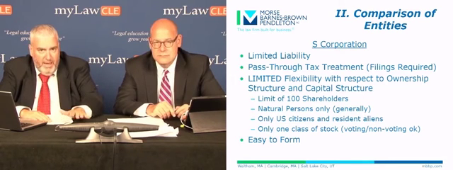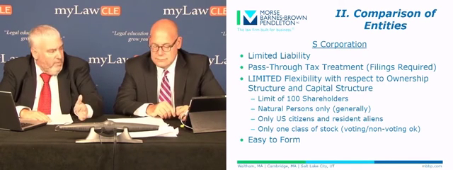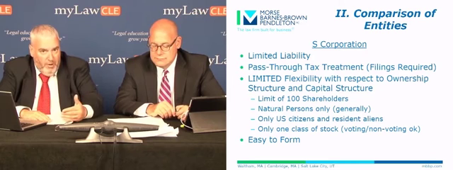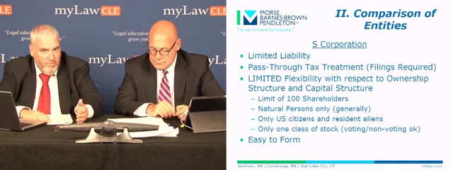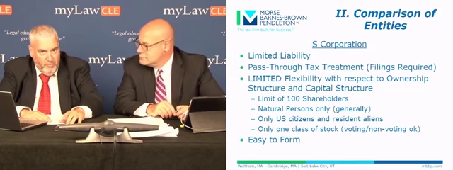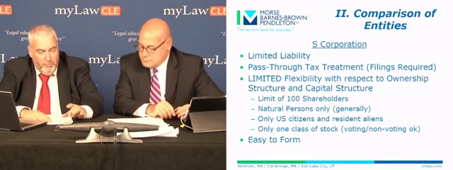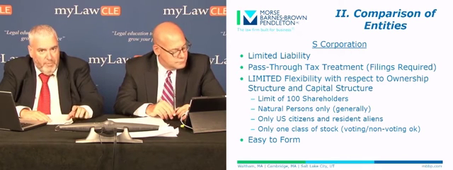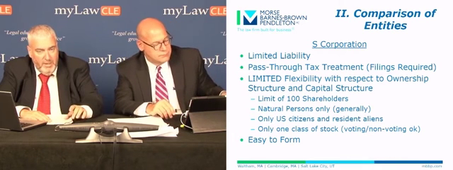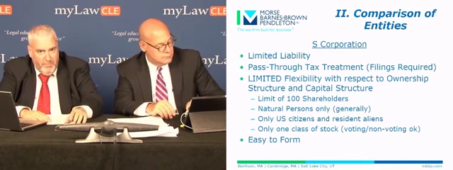You will get pass-through tax treatment, as Robert said, and what passes through are the items of income or loss that the corporation generates, passed through to the individual owners to address on their returns. It's not the actual cash distributions themselves, but the allocations of the income and loss that they get the benefit of.